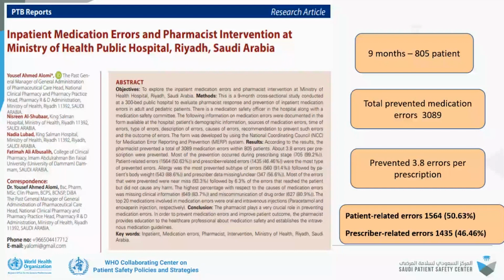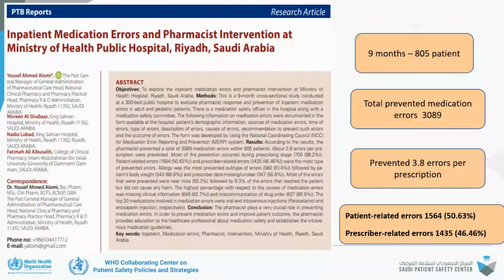We prevented almost 3.8 errors per prescription, and patient-related errors reached 50%, and prescriber-related errors were almost 45%, because at that time most prescribing was manual. We didn't use an electronic system yet.